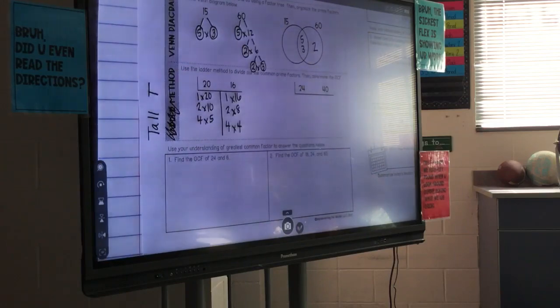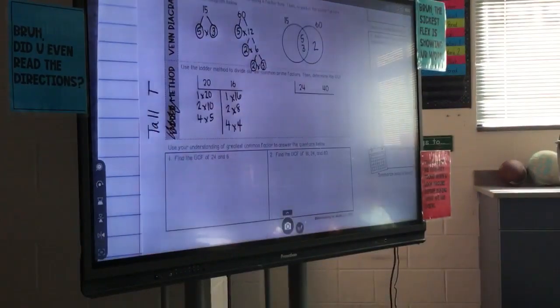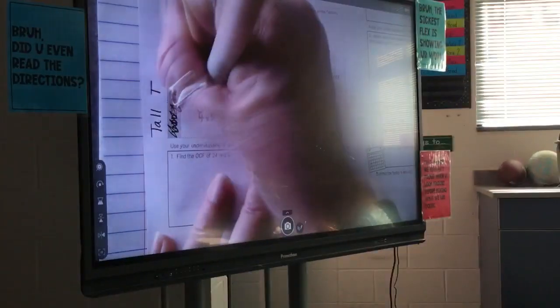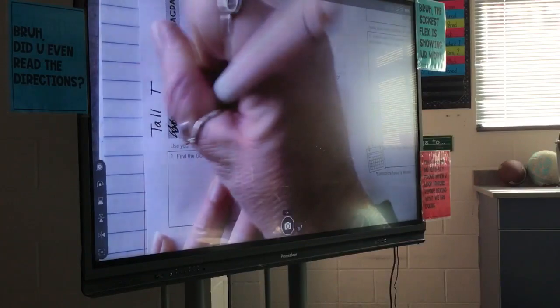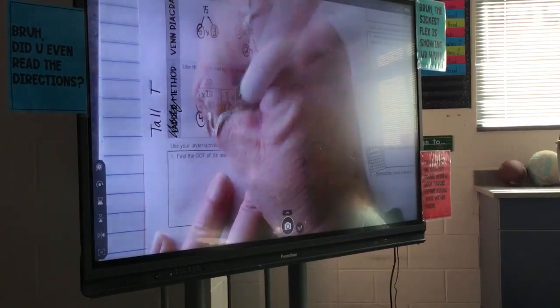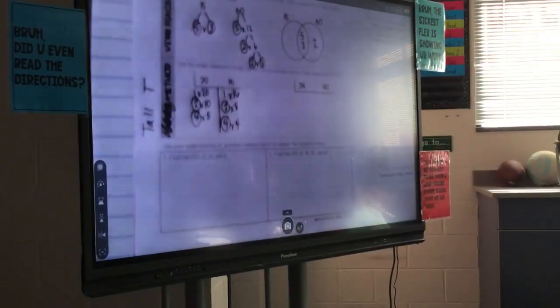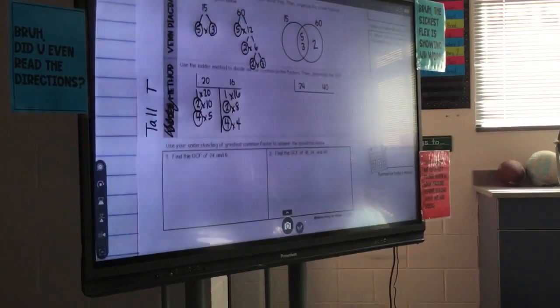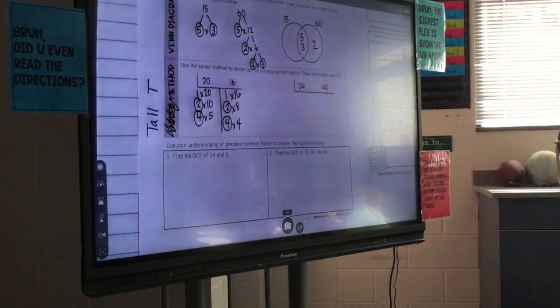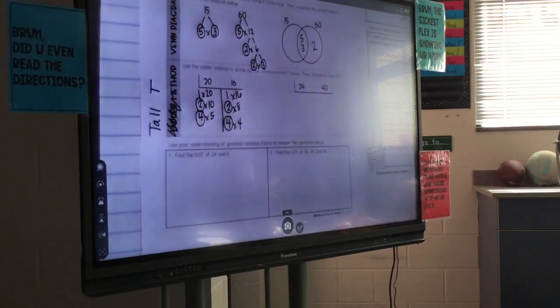Now you have to circle the ones that are the same. So obviously 1 is always going to be the same. We don't include 1. Okay? So 2 is the same in both of those. 4 is the same. Do I have anything else that is the same? Nope. So which one is the greatest common factor between 20 and 16 that we circled?